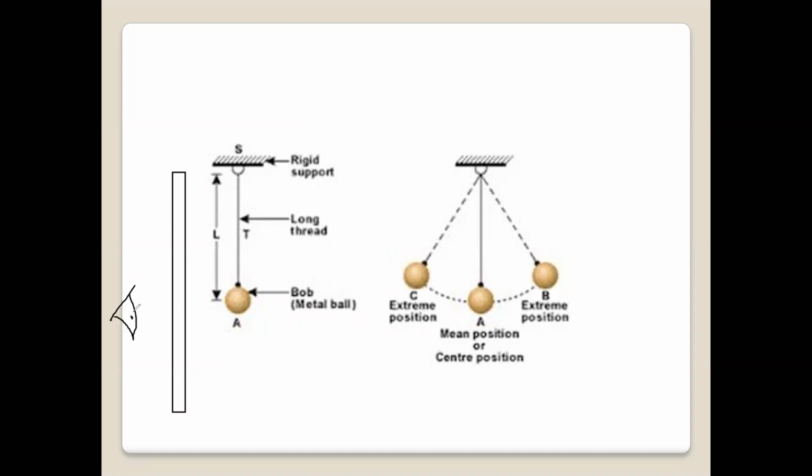Why won't it be accurate? Because I may think the length of the pendulum is 30 centimeters, but maybe it's more than 30 or less than 30. To avoid that, we will use a set square, like a triangle in a geometry box. You place that set square or triangle next to this.